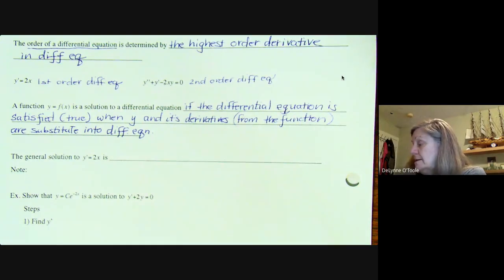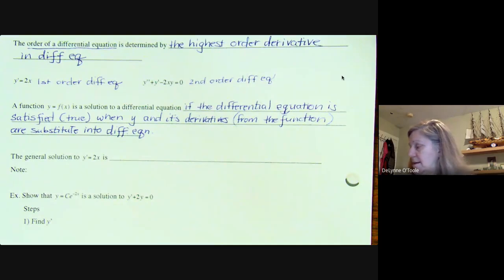All right, so let's start with that most basic differential equation that I gave you. You can tell me what the solutions to this differential equation are simply by anti-differentiating. Some are as easy as that.